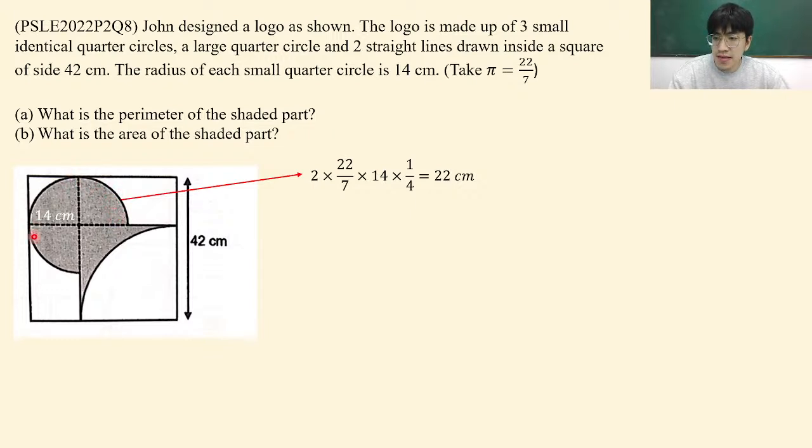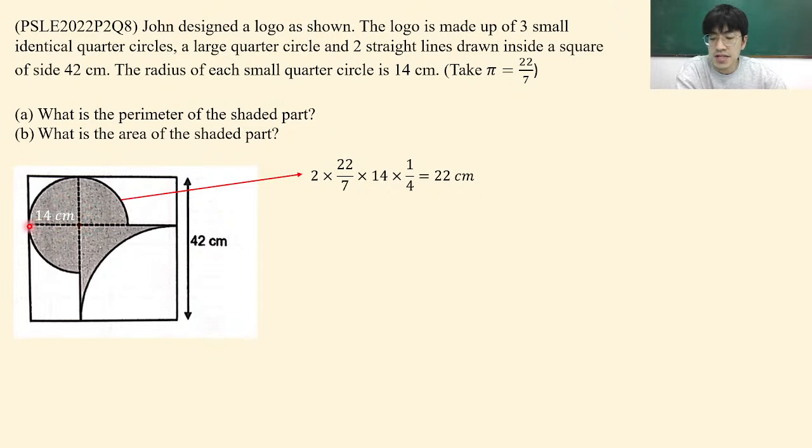Now, this length and this length would all be identical to this one because, as you can see, they make up a big circle. But this is only the perimeter of this circle over here. What about these two lengths? Well, first of all, we know that the side of this square is 42 centimeters, and the radius of each of these three quarter circles is 14 centimeters.